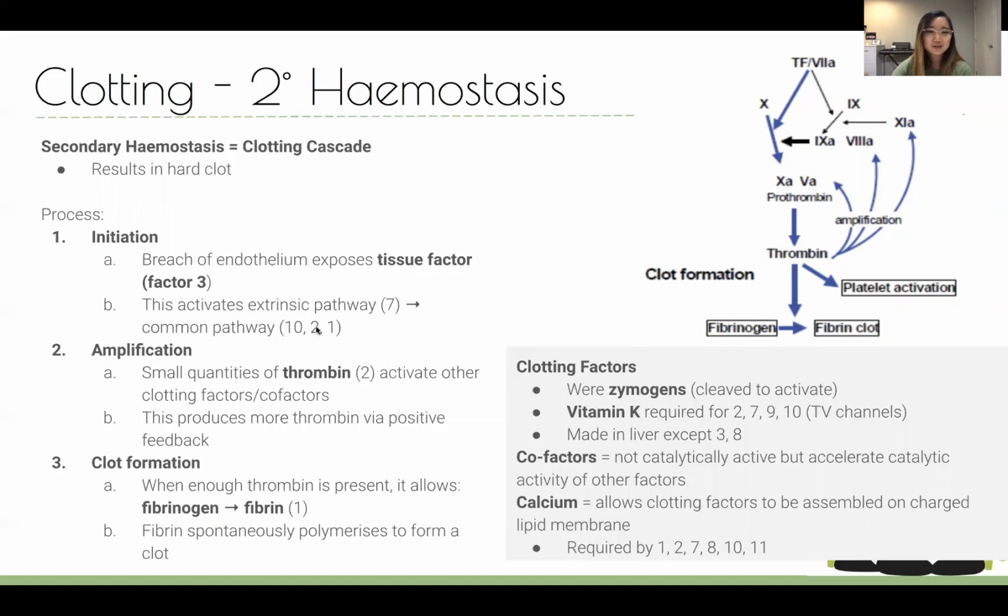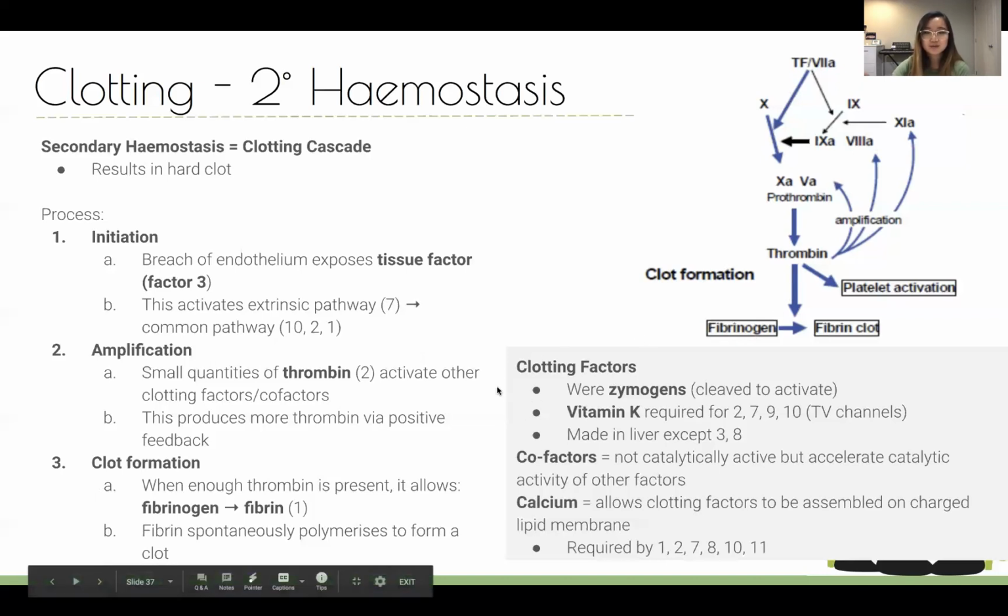Essentially, it goes all the way to 2, which is thrombin, and thrombin will then go back to the other factors and amplify it, and hence cascade, right? It gets bigger and bigger and produces more of itself via positive feedback because it just comes back around. Then clot formation happens because when enough thrombin is present, it allows fibrinogen to form fibrin, which can then form a clot.